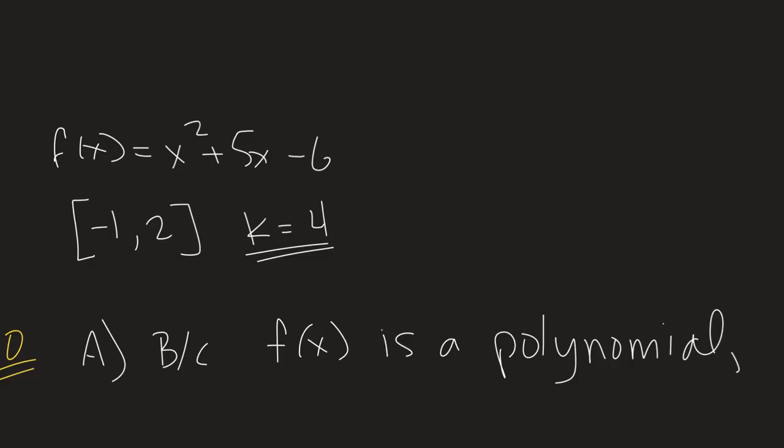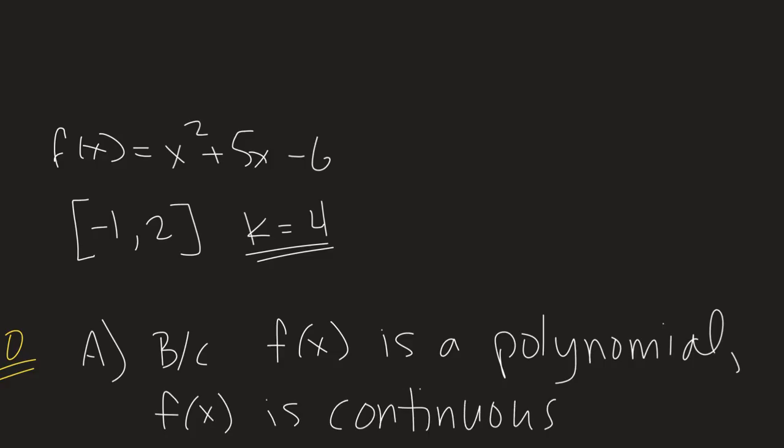Because f of x is a polynomial, f of x is continuous on all of R, on all of the real values, but definitely on the closed interval from -1 to 2. If you're dealing with a polynomial, anything with a linear or a quadratic or a cubic or a 4th degree, all of those functions are continuous everywhere. So of course it's continuous on the closed interval from -1 to 2.